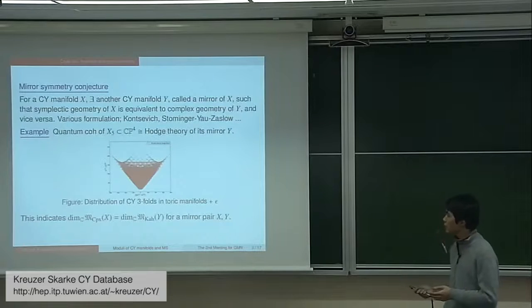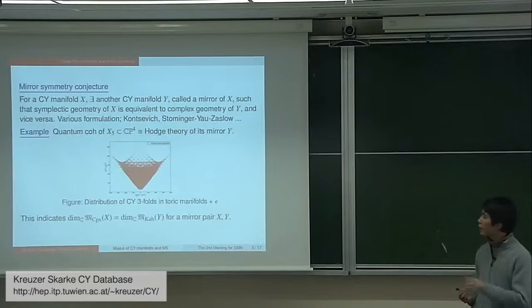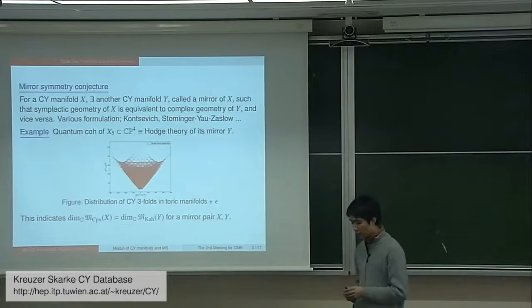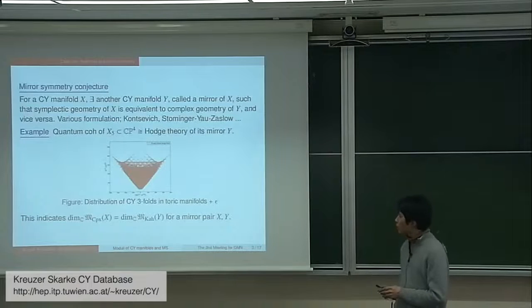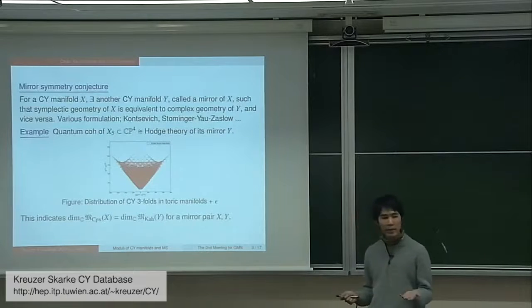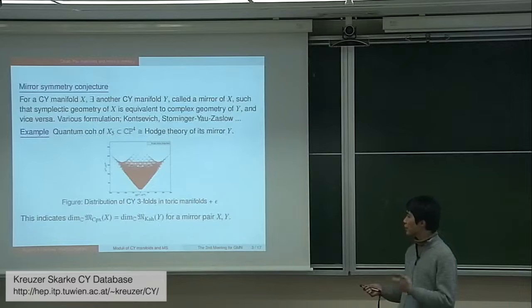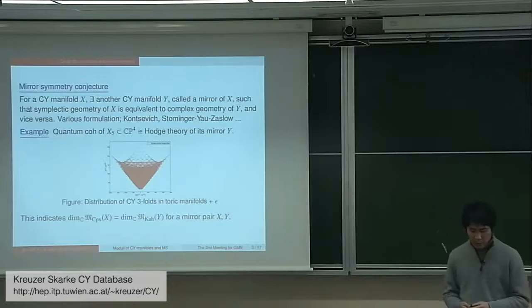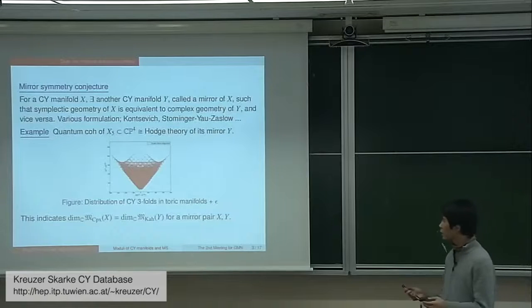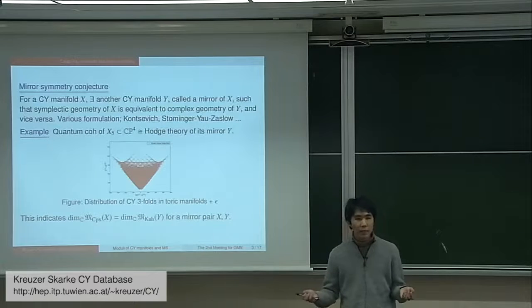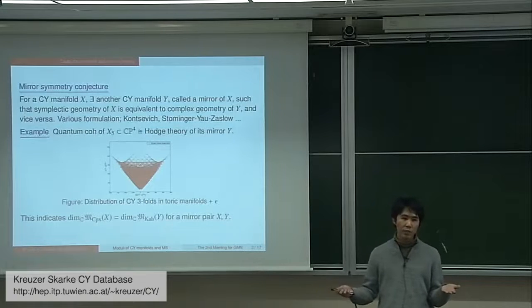And you see the striking symmetry along the vertical axis. I want to explain what the vertical axis and horizontal axis represent, but this indicates that the dimension of the complex moduli space of X is the same as the dimension of the Kähler moduli space of Y for a mirror pair of Calabi-Yau manifolds. But this is actually a trivial consequence of this equivalence, because if you have 2 equivalent geometries, then the moduli spaces of these geometries should be the same.